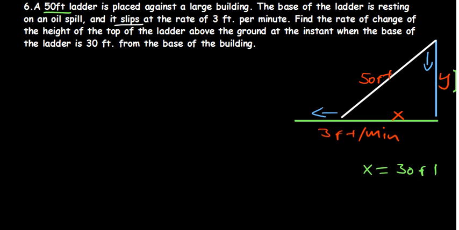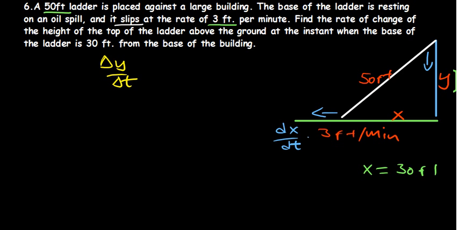What they want us to find is the change in y with respect to time, because we're talking about the rate. The 3 feet per minute, which is the rate at which the ladder is slipping on the oil spill, indicates the rate of change of x.